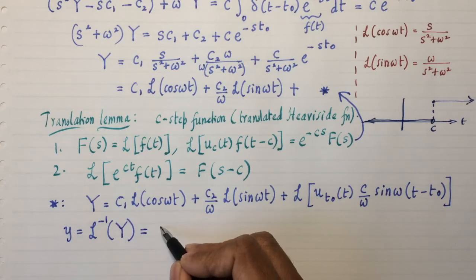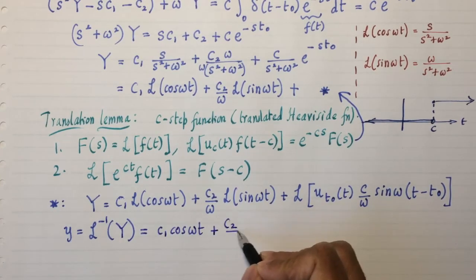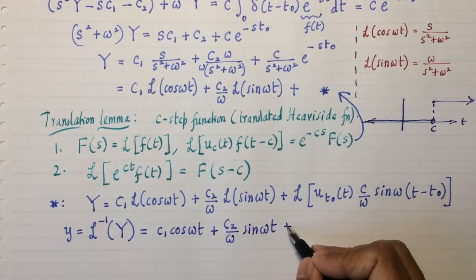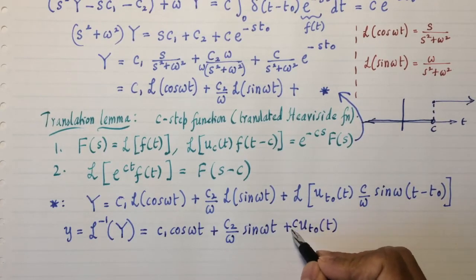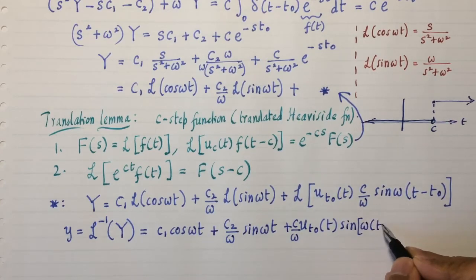So I'll just get c1 cosine omega t plus c2 over omega sine omega t plus u_t0 of t. I can write c over omega first. C over omega u_t0 of t sine of omega (t minus t0).